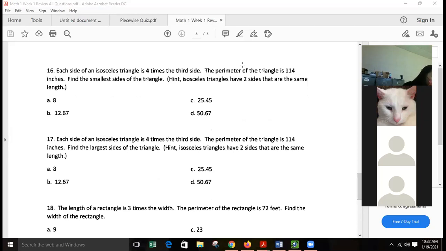Remember, an isosceles triangle, two sides are the same. So I drew that out, but I'll show you in a minute what that is. Each side of an isosceles triangle is 4 times the third side. Perimeter equals 114, and it wants the smallest side.